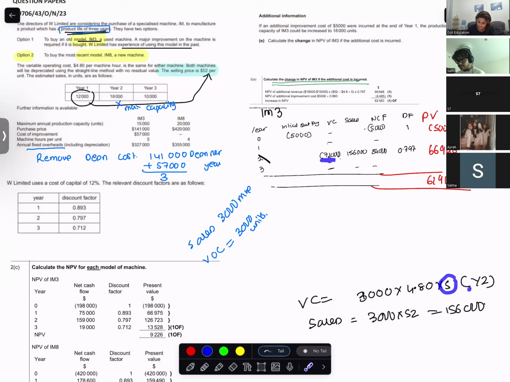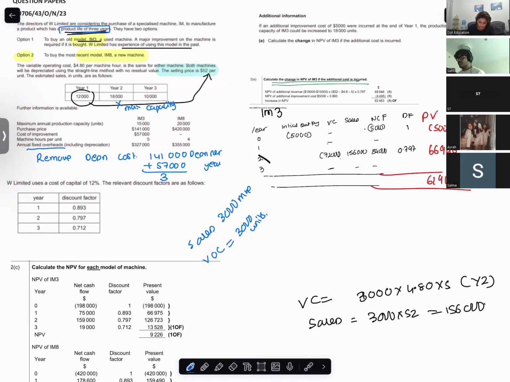In year 2, my sales would be increasing for 3,000 units, so my sales would be 156,000. So the net cash flow would become 84,000 positive. And you multiply it with the discount factor. The change would only be in year 2 because of the limit on the capacity. So you multiply it with the discount factor, you're going to get 66,948.